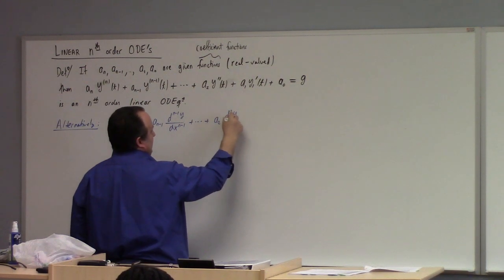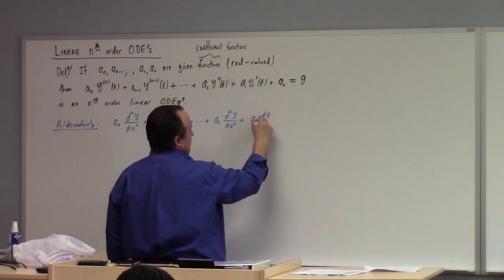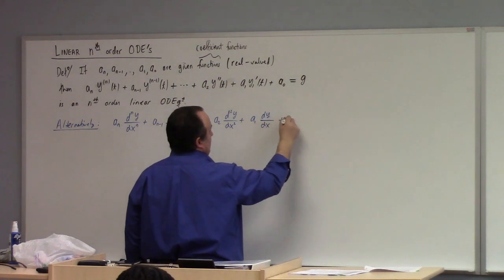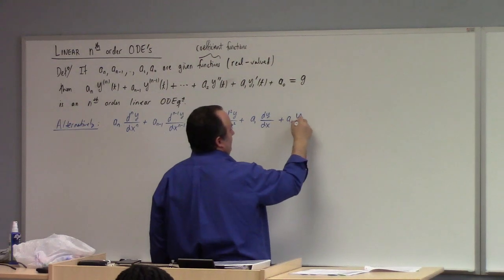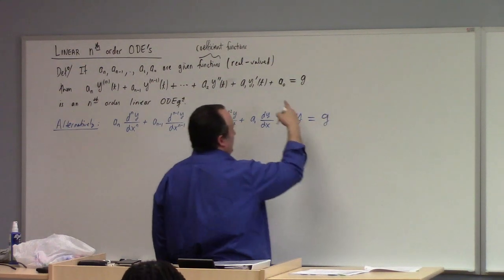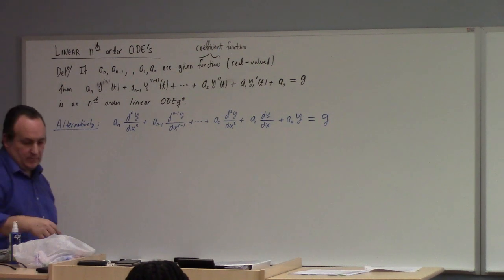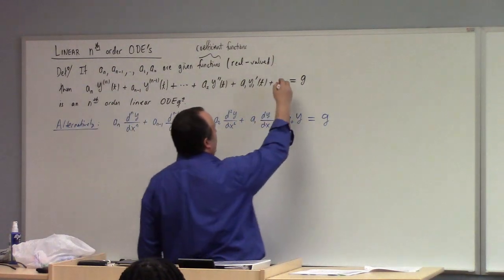d squared y dx squared. All right. a_1 dy dx, plus a_0. Ooh, I forgot something. Oopsie. There's supposed to be a y here, equals g. So the equation above isn't quite right yet. I'm missing a very important y right here.